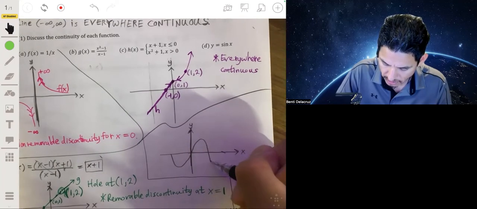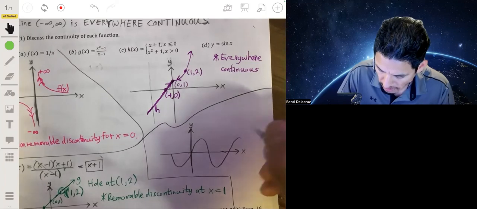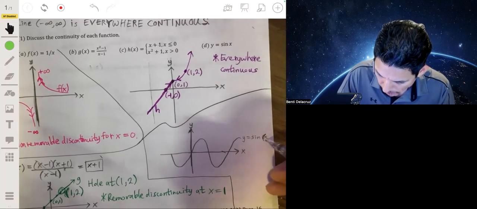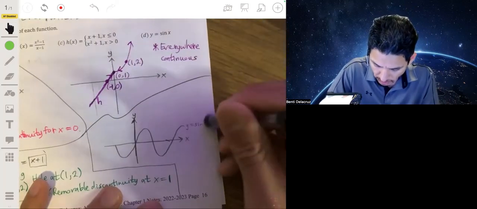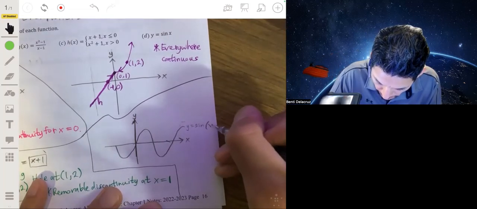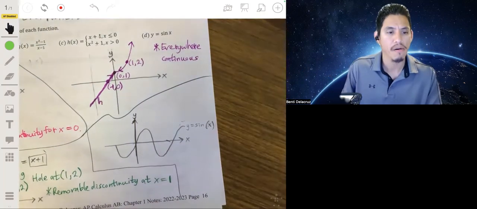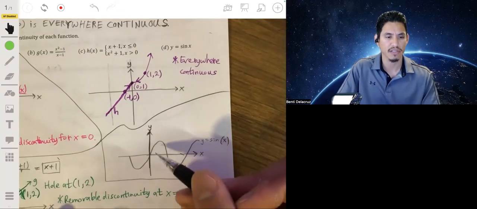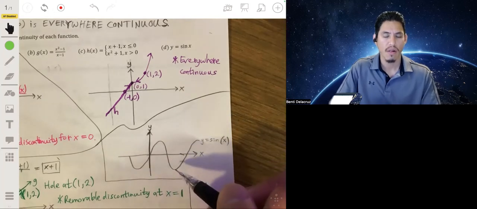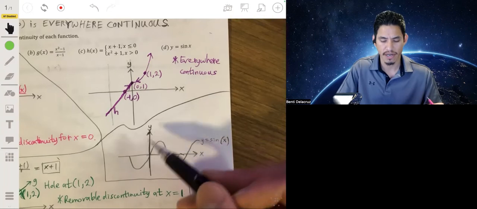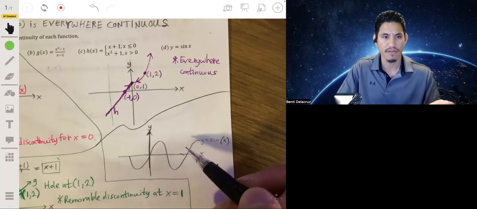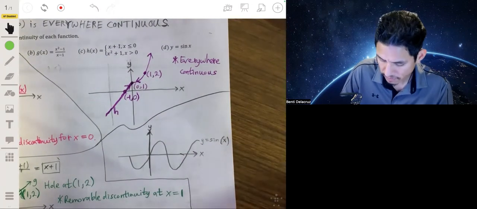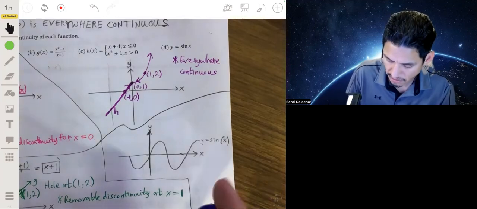It does this repeating pattern. y equals the sine of x. Now, this graph never gets larger than 1 and never gets smaller than -1. But there's no hole and no gap. It just oscillates back and forth, and it's not undefined anywhere, so it's again continuous everywhere, or everywhere continuous, we can say.